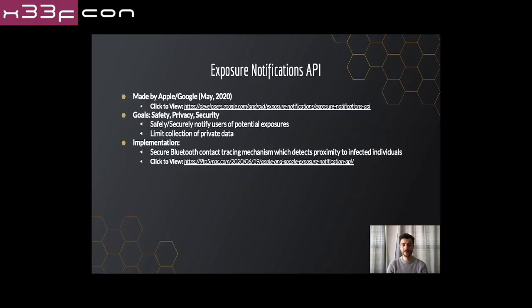Now, I'd like to start by providing a brief introduction on the Exposure Notifications API, which was created by Apple and Google back in May of 2020. I've provided a link to the developer documentation for anybody who's interested in taking a peek at this. And this was actually created in order to unify the way in which application developers go about creating secure contact tracing applications, and specifically was designed with a couple goals in mind: security, privacy, and safety.